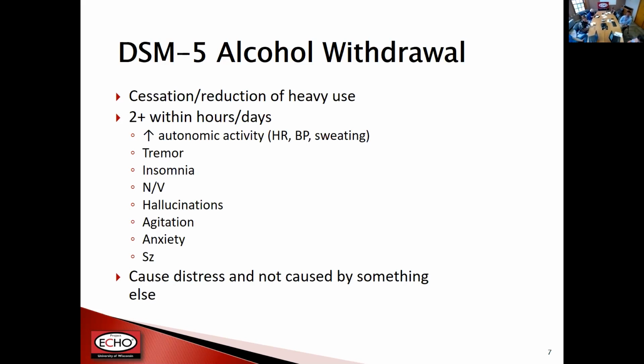So this is an increase in autonomic or sympathetic activity, where we see increases in heart rate and blood pressure, sweating, anxiety, tremulousness, sleep-wake cycle may be disrupted, nausea, vomiting, and as things progress into more complicated forms of withdrawal that I'll talk about a little more in just a bit, we see different forms of hallucinations, seizure, and delirium.